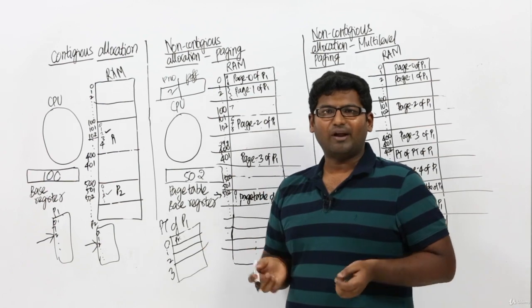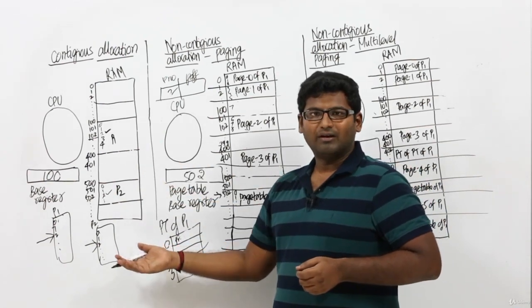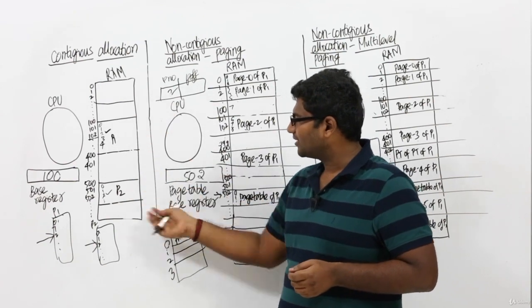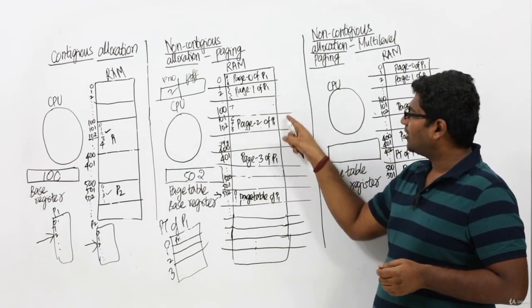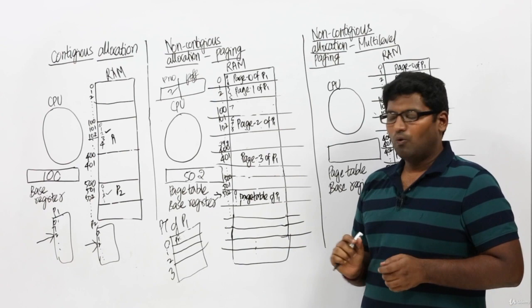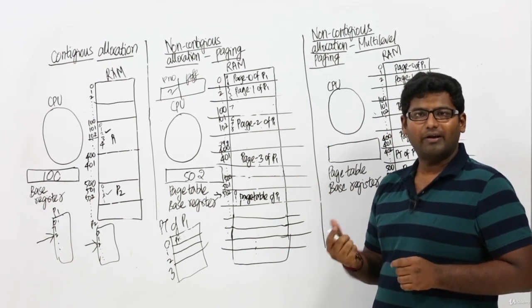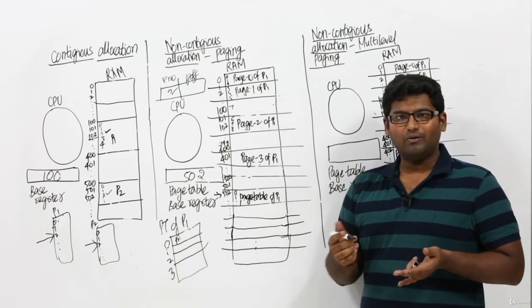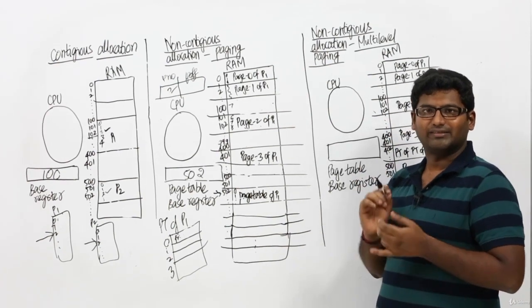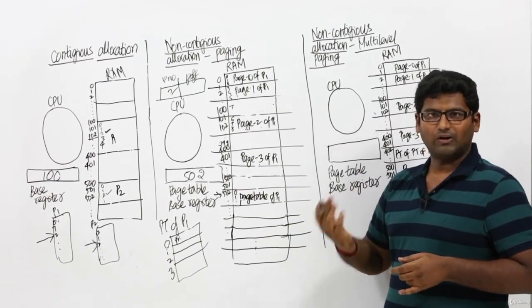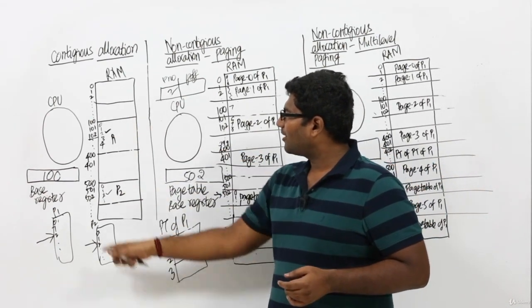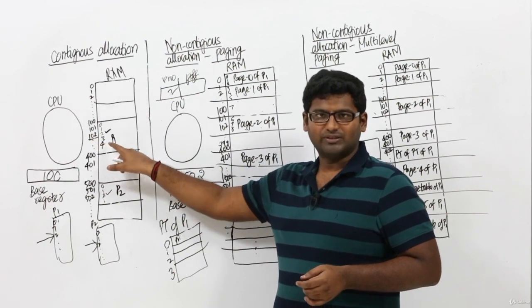Why? Because we don't have a page table here. Now why are we able to get this? Because our process is loaded in contiguous addresses. Here our process is not loaded in contiguous addresses, only our page table is loaded in contiguous addresses. So if a particular thing is loaded in contiguous addresses, we can apply simple addition on it. Here the process is loaded in contiguous addresses, and so we are able to apply simple addition on the process.